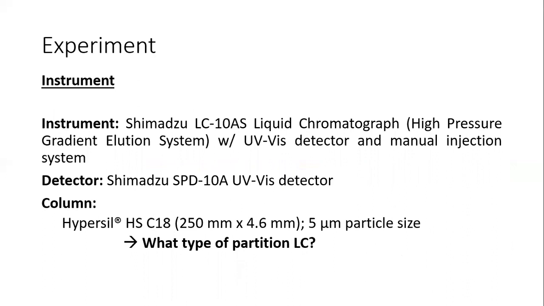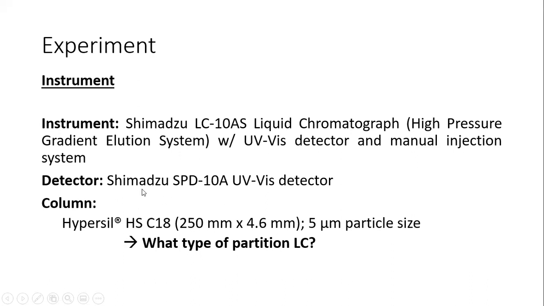So the instrument for this experiment, you have your Shimadzu LC10 AS liquid chromatograph, which has a UV-vis detector and a manual injection system. And the column, which is a C18 column.